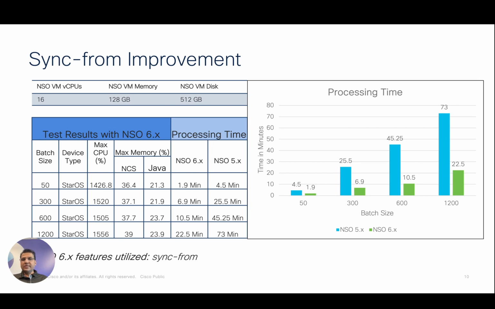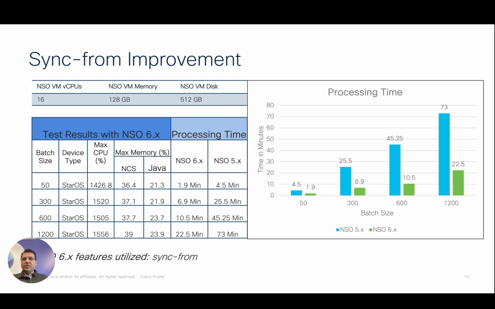All the test cases have been executed in batches of devices like 50 devices, 300 devices, 600 and 1200 to monitor the overall performance improvement. We have used StarOS devices in all the test cases.